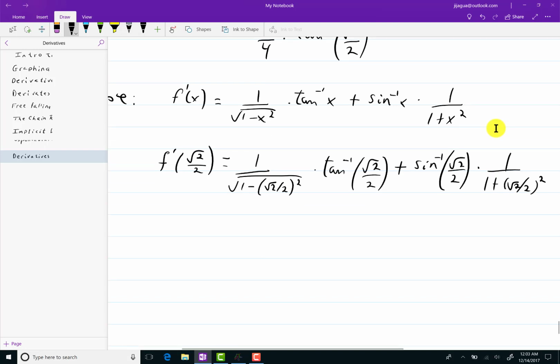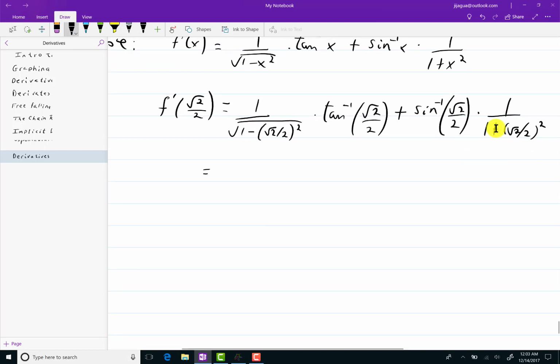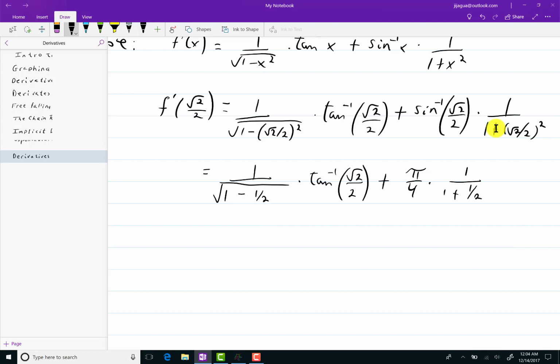Let me put in the numbers that I do know. Radical 2 over 2, if you square it, you get 1/2. So I get 1 over the square root of 1 minus 1/2 times arctangent of radical 2 over 2. That number I do not know. I do know that arc sine of radical 2 over 2 is pi over 4. And the last piece will equal 1 over 1 plus 1/2.